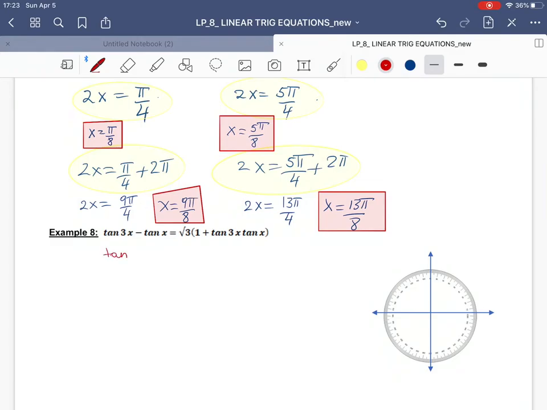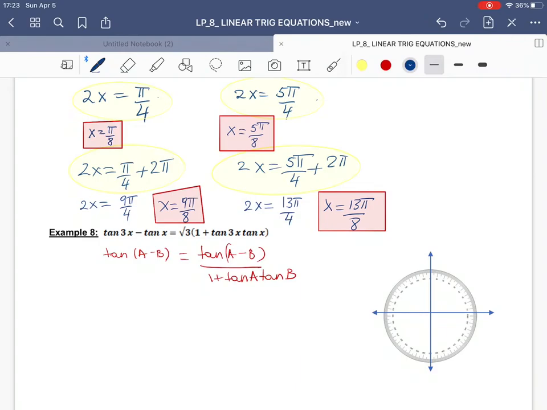So that's tan of a minus b, which is tan a minus tan b over 1 plus tan a tan b. Okay, so you can see here that we have the angles 3x and x, and 3x and x. So that's how we come up with the idea of using this formula.